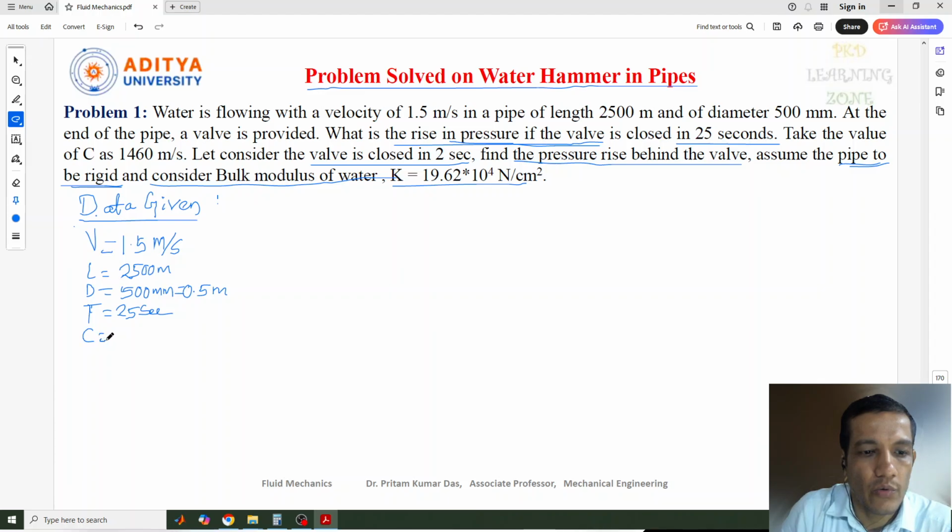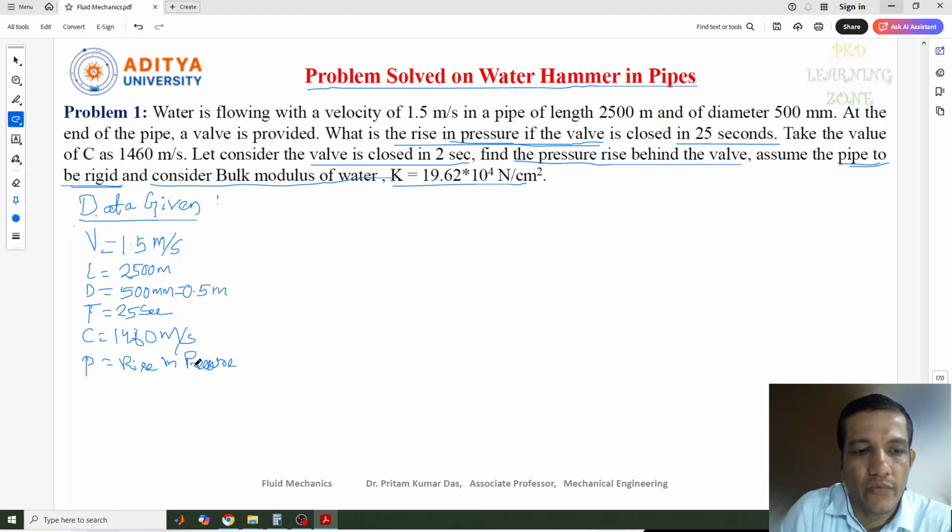So C equal to 1460 meter per second. So what I told is that the C value equals the velocity of the pressure wave when the valve is closed. Now here we can consider that P equal to the rise in pressure.